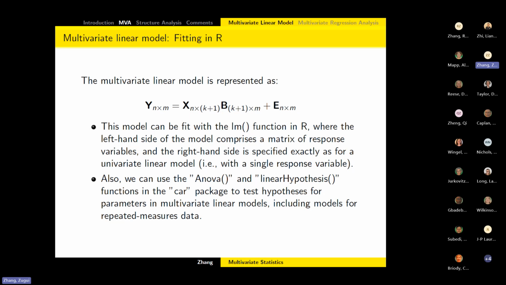And we can use ANOVA and others. But more importantly, the new thing is MANOVA for the analysis. Later we will use an example to show how we can use MANOVA to explore the relationship.